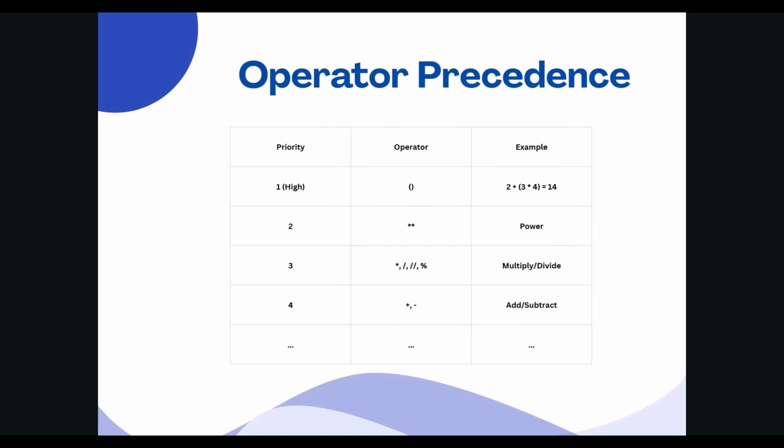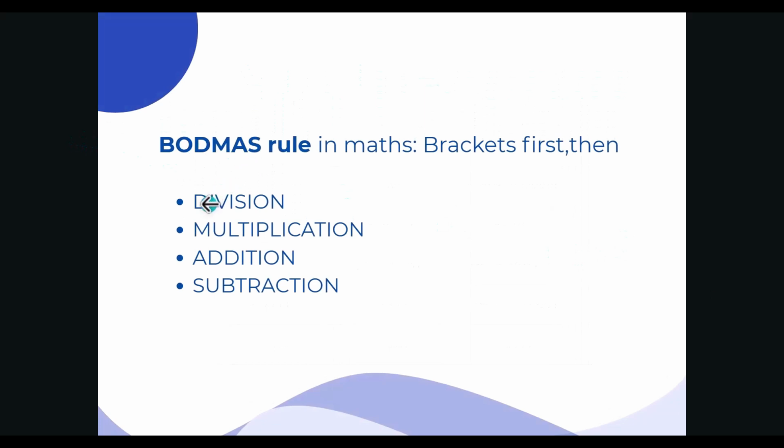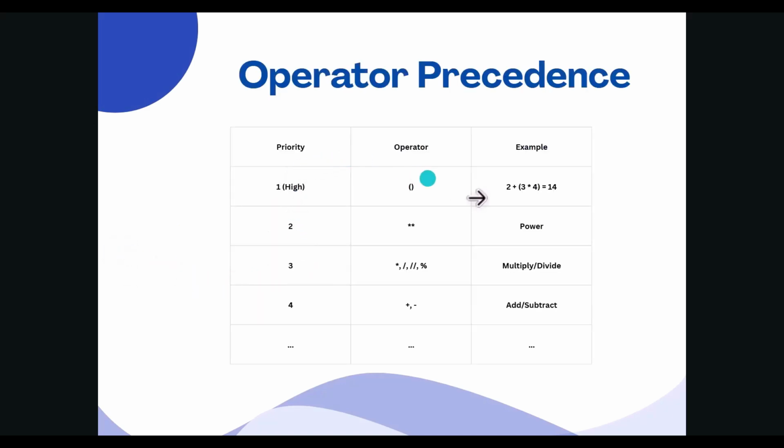And the last is operator precedence. It is just like a math rule. You know that BODMAS rule? Python has an order of operations. In the BODMAS rule there are some conditions, like first of all division, then multiplication, then addition, then subtraction. Means step by step it performs the operations.